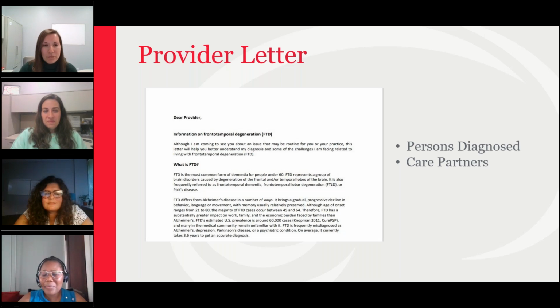Next, a resource that we have is the provider letter. Our provider letter can be found again on our resources page on our website. This letter can be shared with professionals, or with anyone that you encounter. One of the great things about it is that it's a one-page letter, very straightforward and simple.